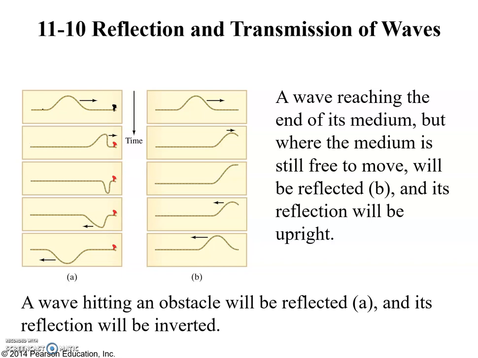What will happen is that wave pulse will work its way down, it'll get to the end, and then it will reflect or bounce back. The difference being that the reflected wave will be below the horizontal line here of the rope, where the wave came in from above.